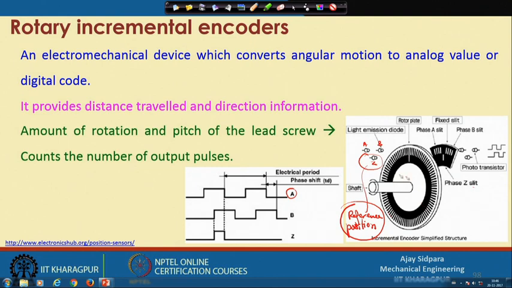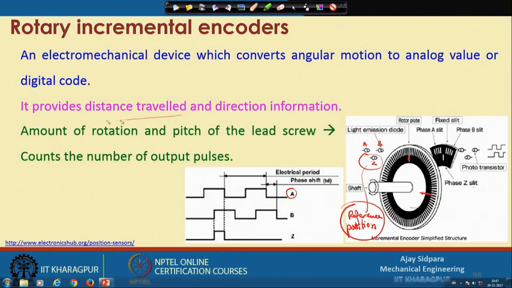That is because if you are rotating this particular encoder and suddenly there is a power failure or something, and then your position is somewhere here, correct. At that time this particular incremental encoder will not be able to find where the position is. So, it will rotate, and again when this particular Z reaches this location, it will get the signal that this is the reference position, and then it will start counting the position. So, that is about that part.